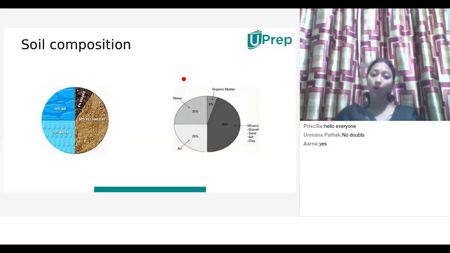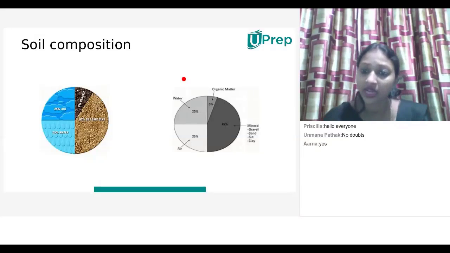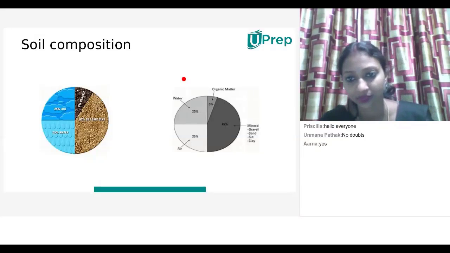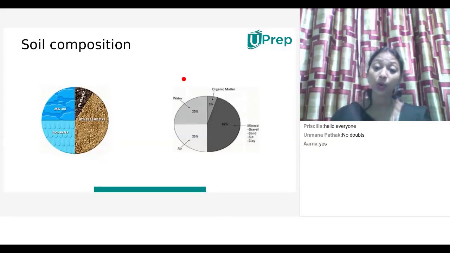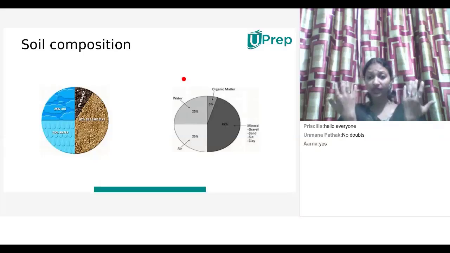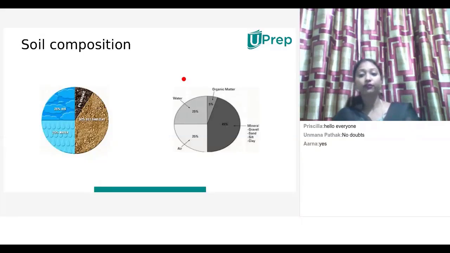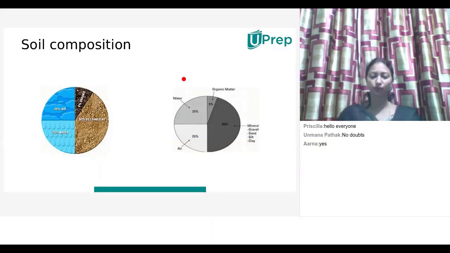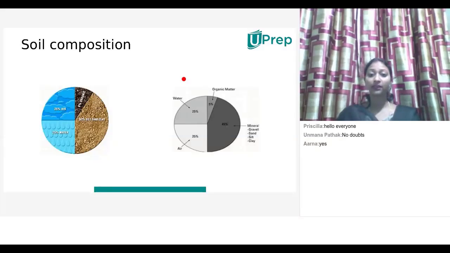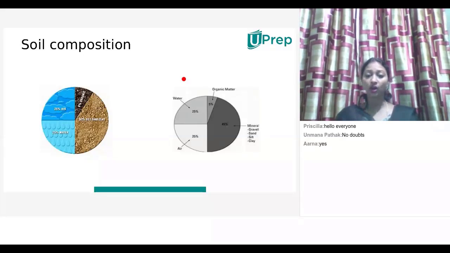If the clay and loam are more, definitely the soil is fit for agriculture. If it is sandy, porous, the particles are bigger and many air gaps are present, that soil is fit for fruits and vegetables. Understood? But if the soil is very clayey, it is very useful for the cultivation of staple foods.